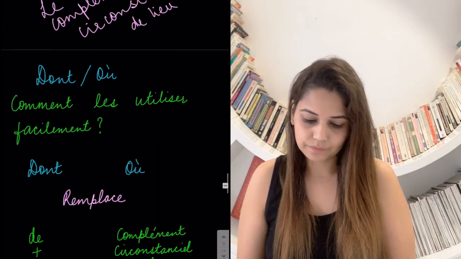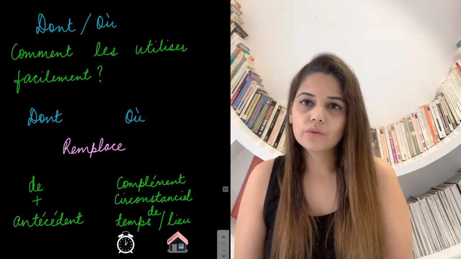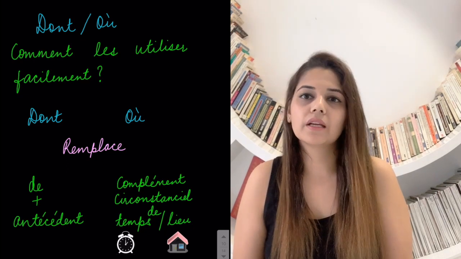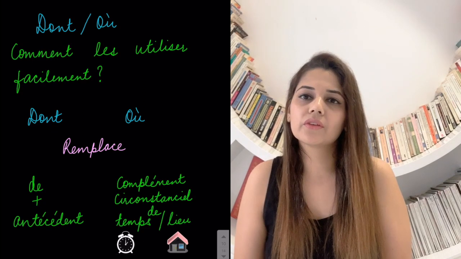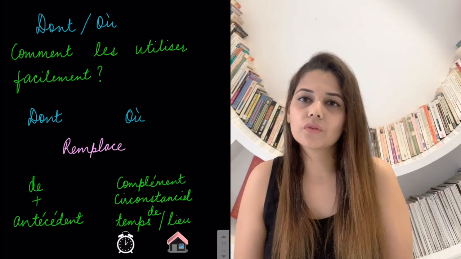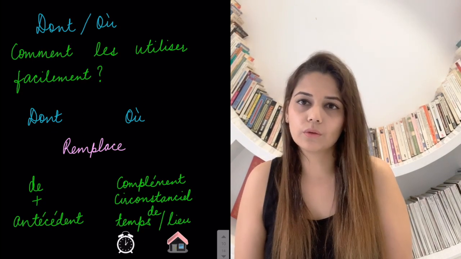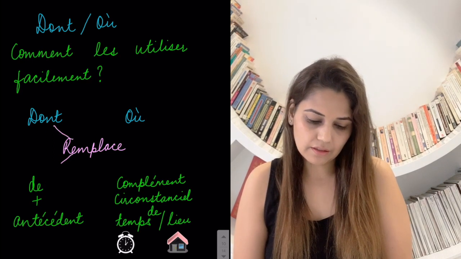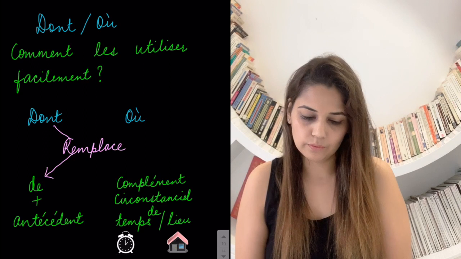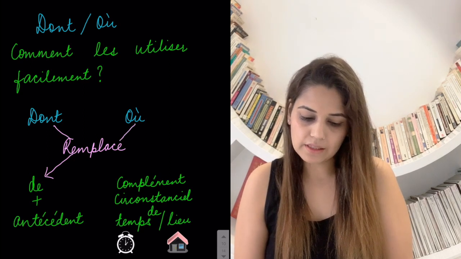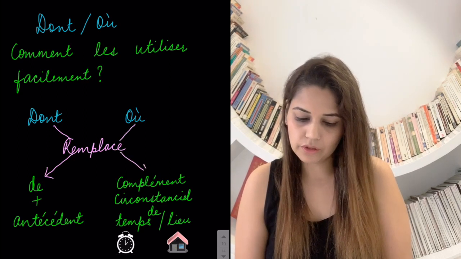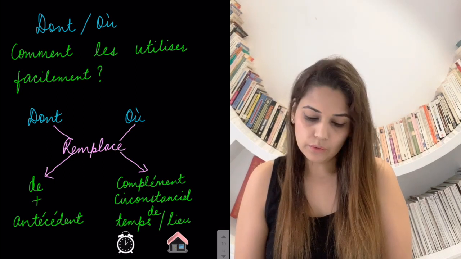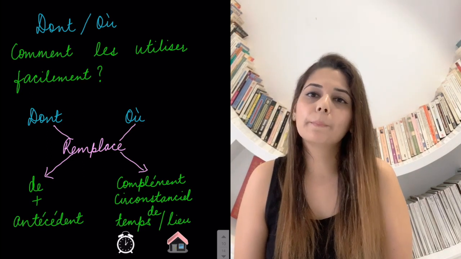Moving on, donc is used to replace de plus antécédent, and ou is used to replace complément circonstanciel de lieu ou de temps. Donc is replacing the de plus antécédent and ou replaces complément circonstanciel de temps, that means the time, ou de lieu, that means the place.